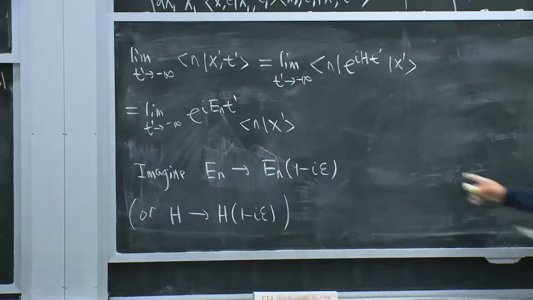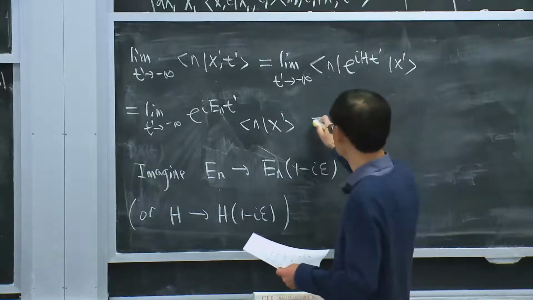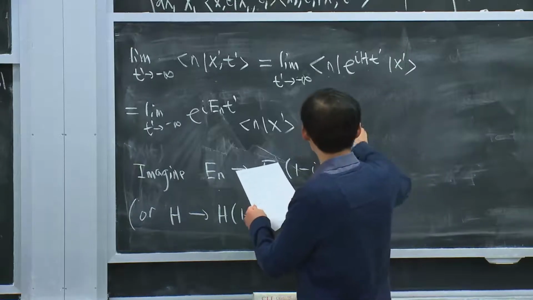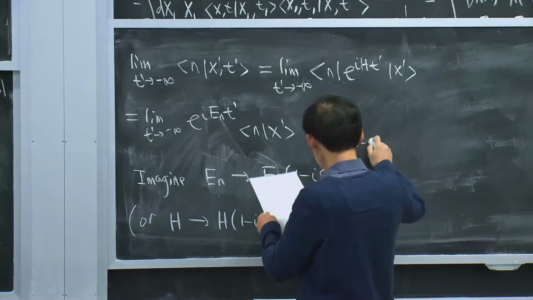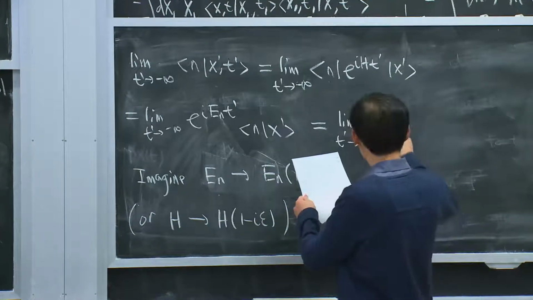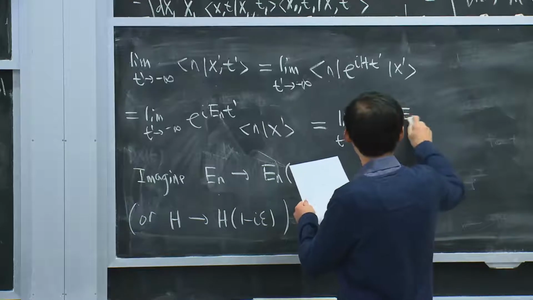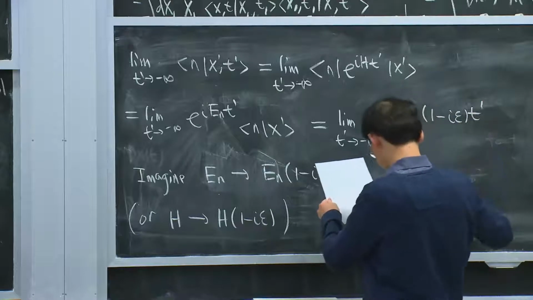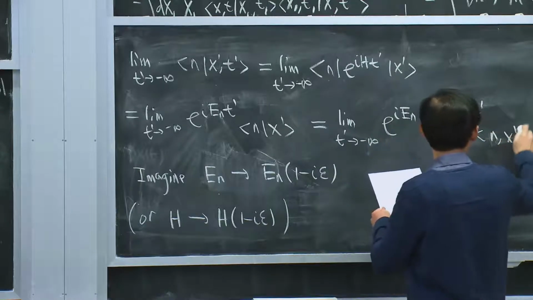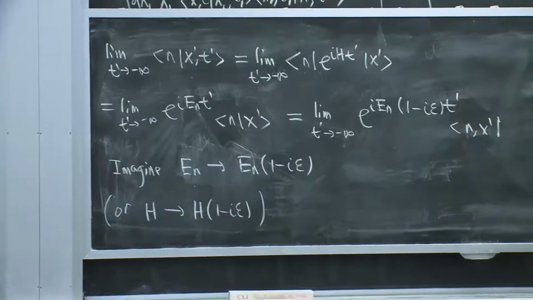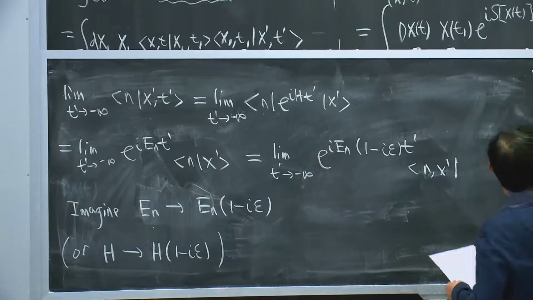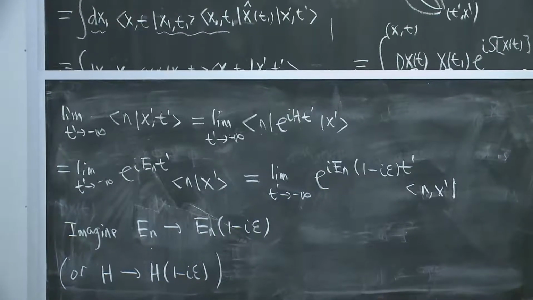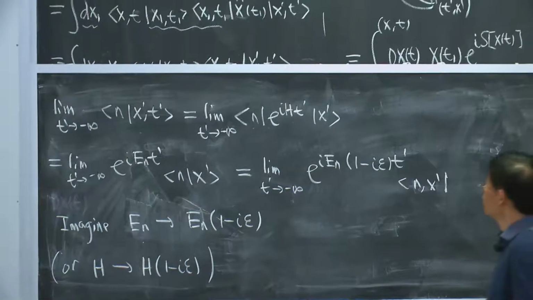So now with this, we have the limit t prime goes to minus infinity. So now we have exponential of iEn(1 − iε)t prime acting on |n⟩⟨n|x prime.